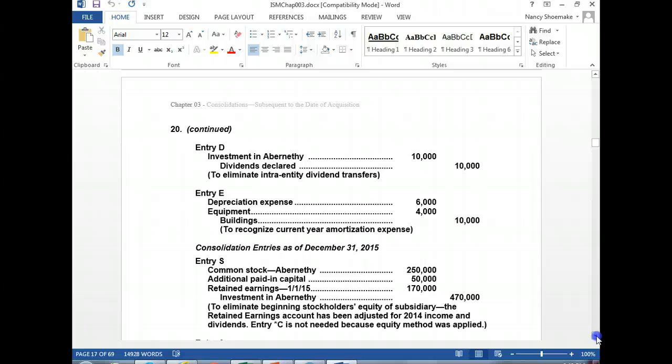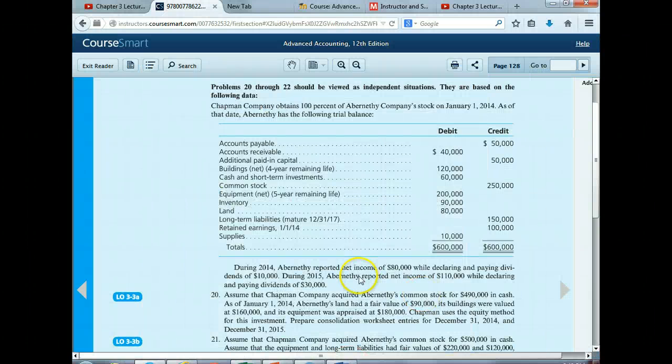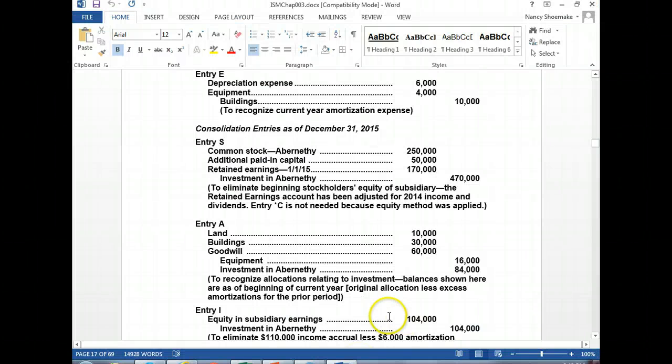Okay? Now, after that, it asks us to do the same thing for 2015. In 2015, Abernathy reported net income of $110 while declaring and paying dividends of $30.